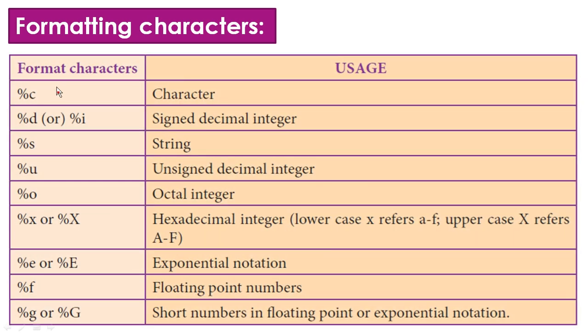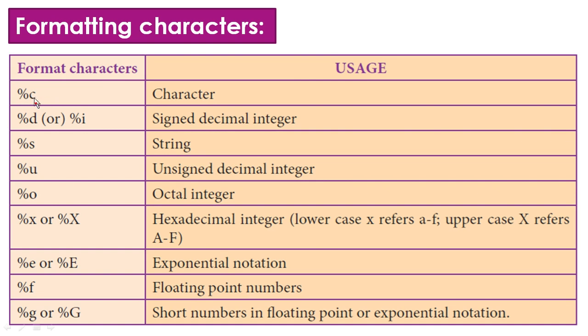Next one, formatting characters. We have already seen two characters. One is percentage s, that is for string value. The second one is percentage d, that d is for decimal value. Here are some of the formatting characters and their usage. We tabulate the formatting characters with usage here.